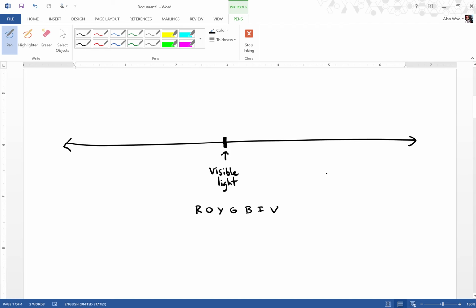What Roy G. Biv stands for is your colors of the rainbow. So you have red, orange, yellow, green, blue, indigo, and violet.